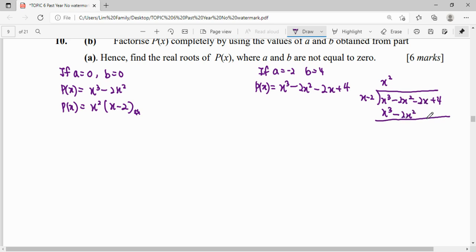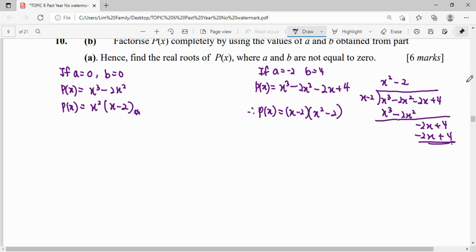So there is still a remainder, negative 2x plus 4, so we can proceed with our division because this is linear and this is also linear. They can still divide. We find a multiplier of negative 2 so that I can get negative 2x plus 4. So from here, the polynomial is equal to x minus 2 times the quotient, x squared minus 2.